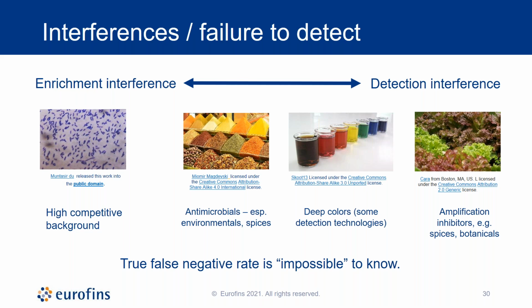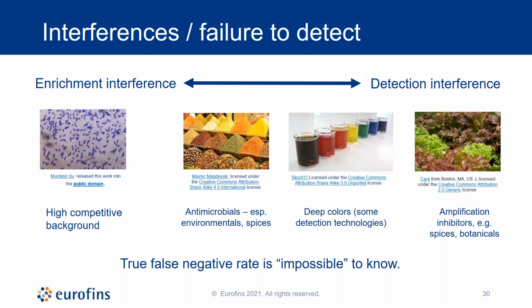So the other thing to consider as we're pushing up against the limits for time is there are things that can interfere with detection. On the left-hand side of the slide, there are those things that can make it more difficult for the pathogen that we're interested in to grow to detectable numbers in the enrichment.